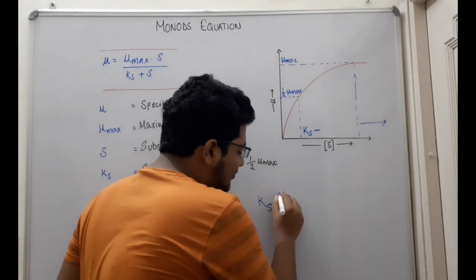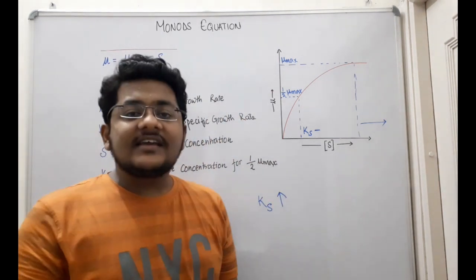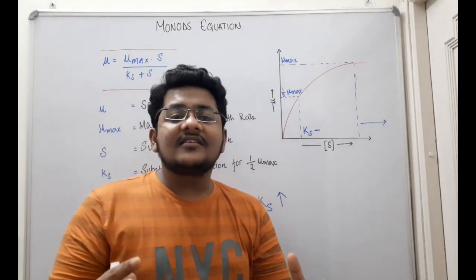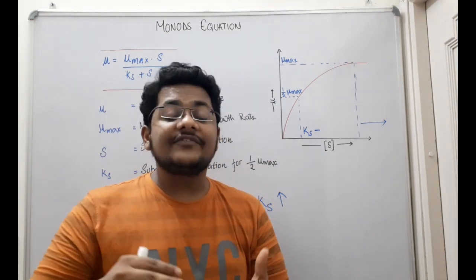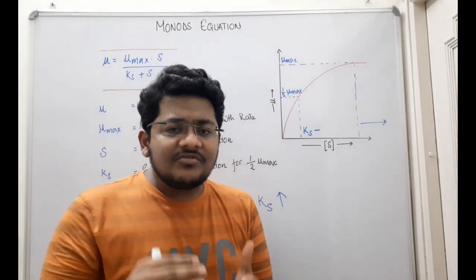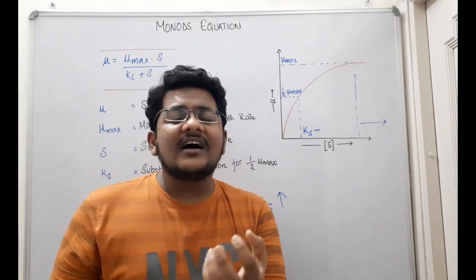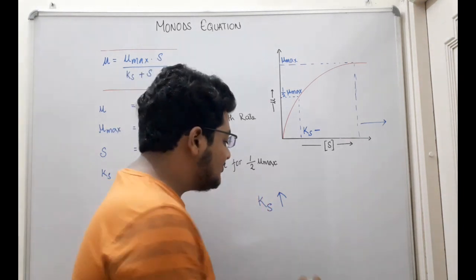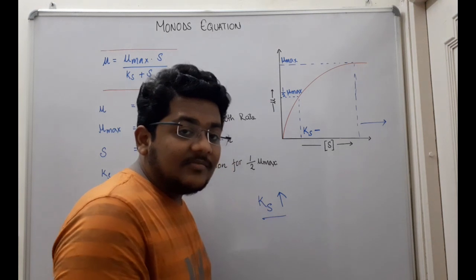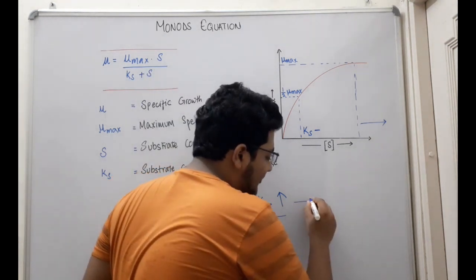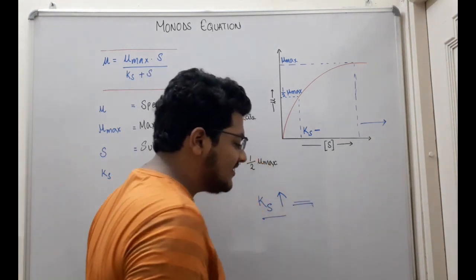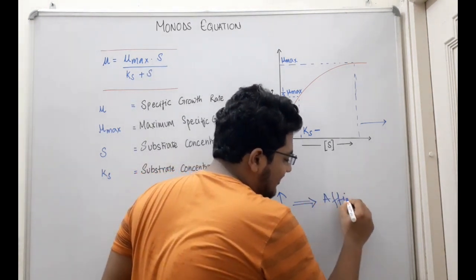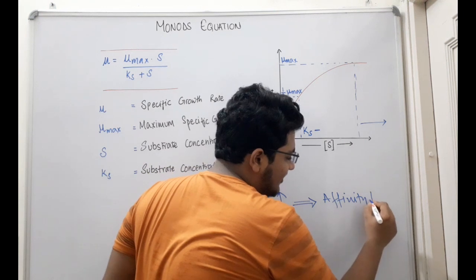If the Ks value is high, a lot of substrate is required to achieve half of the maximum specific growth rate, which means the microorganisms have low affinity for that substrate.